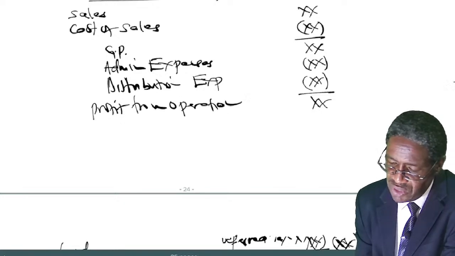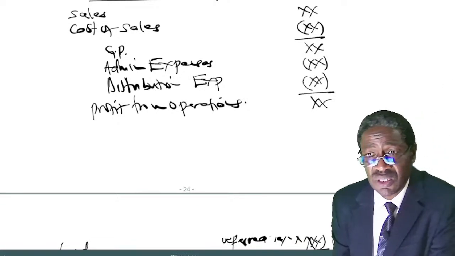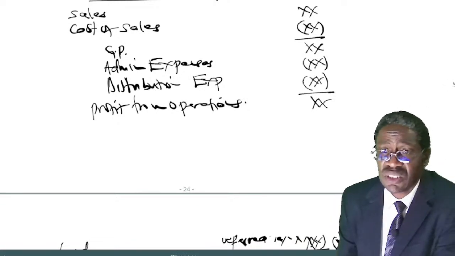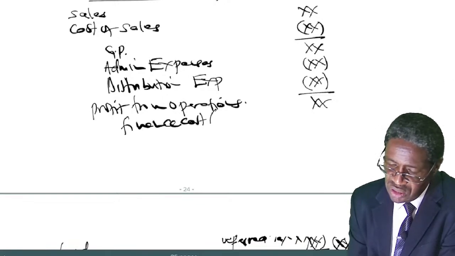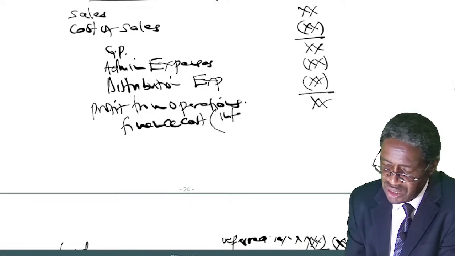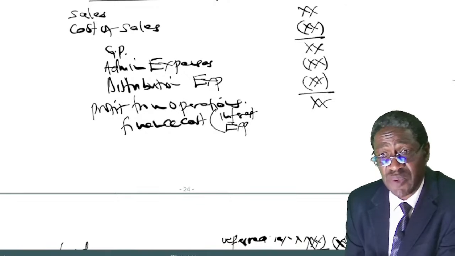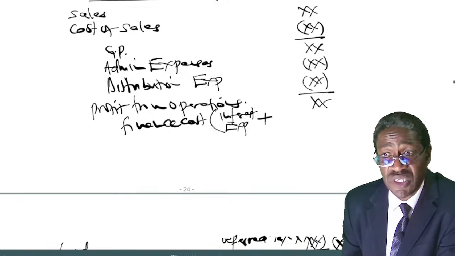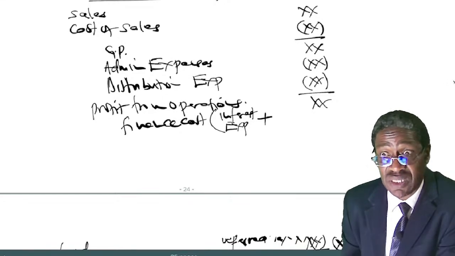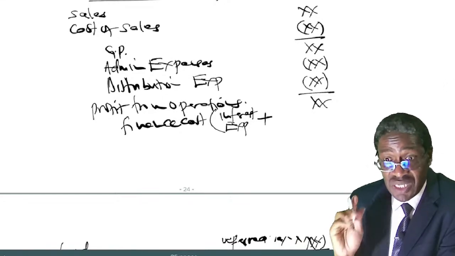Once you get the profit from operations, you come to finance cost. I can put in bracket interest expense. For now, just say plus. We shall discuss that later.